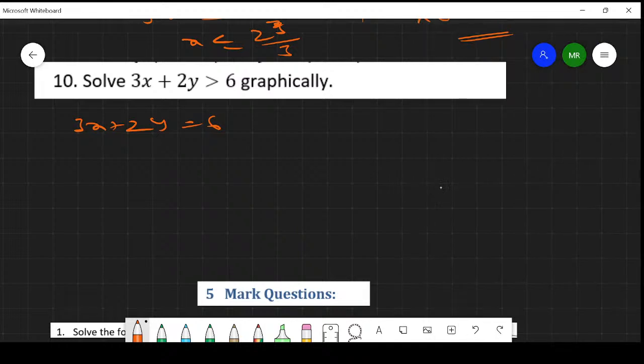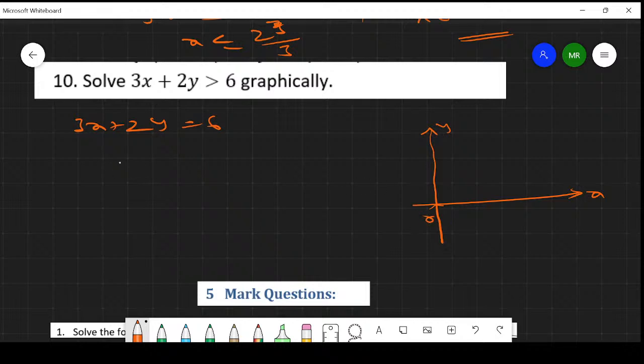So now, to draw the line 3x plus 2y equal to 6, consider the x-axis and y-axis.